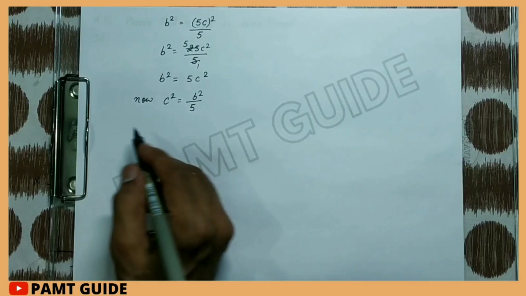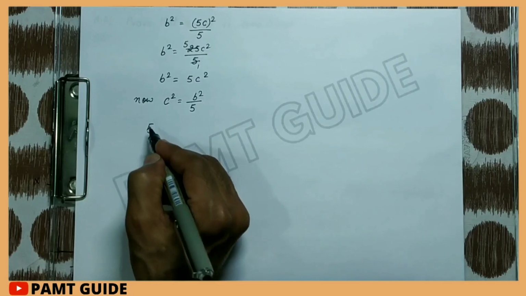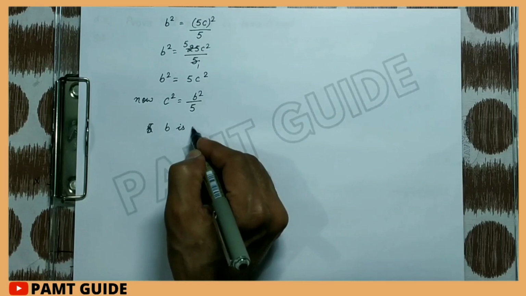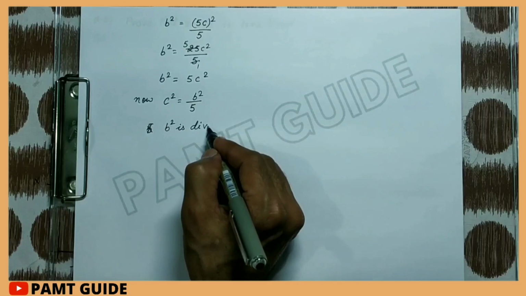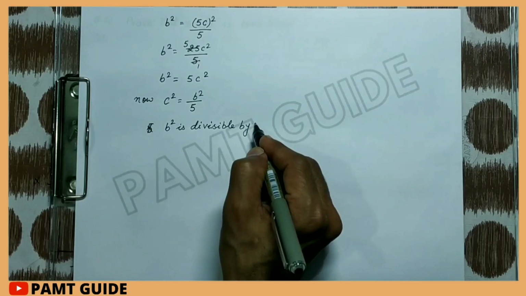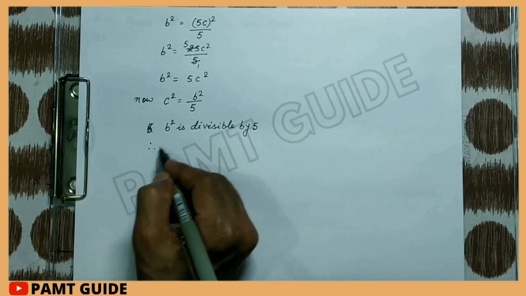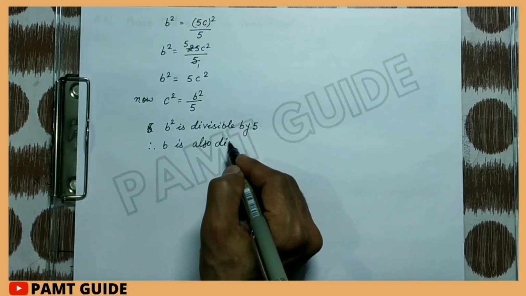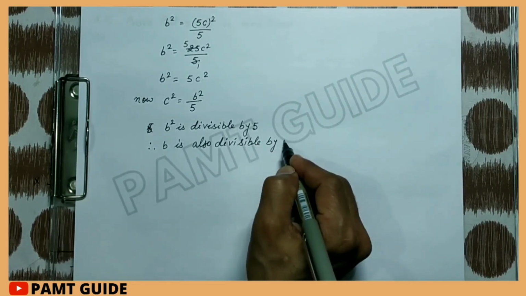So we write that b square is divisible by 5. So b is also divisible by 5. This is number 3rd.